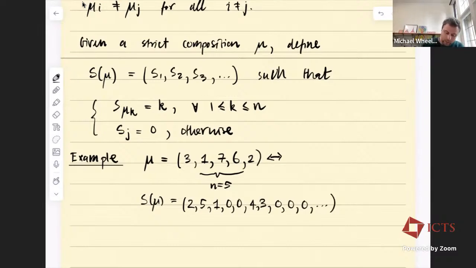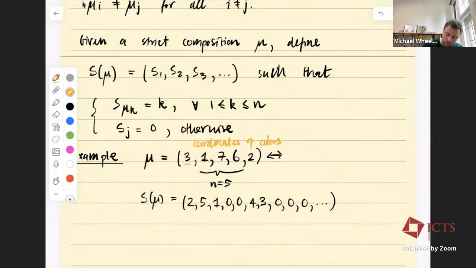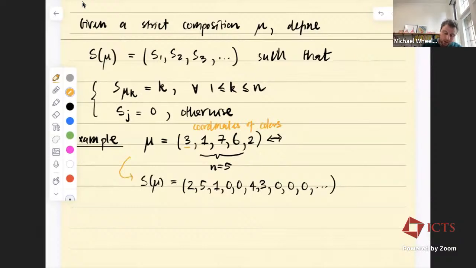So what is actually happening here? You can think of the first vector, the strict composition, as something like the coordinates of some colored particles. It means that the coordinate of color number 1 is the first entry here. And indeed, if I look at the corresponding string, color number 1 sits at coordinate number 3 inside of this string.